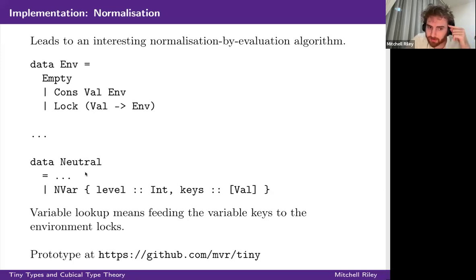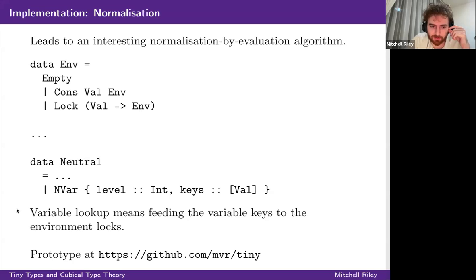So the counterpoint to this is, for the neutral variables, they might have a whole sequence of stuck keys corresponding to co-units which reached them and had nowhere to go.